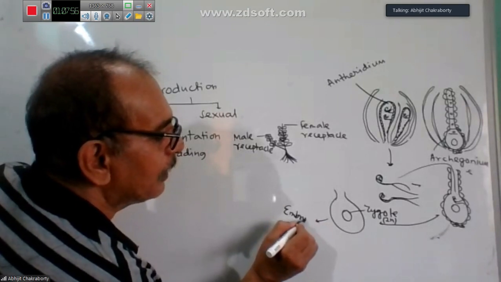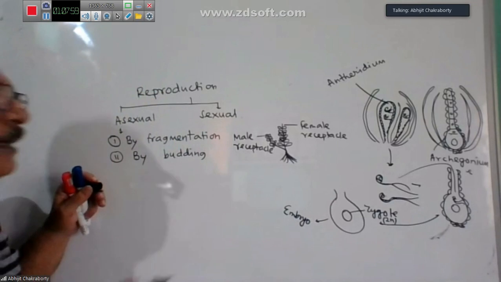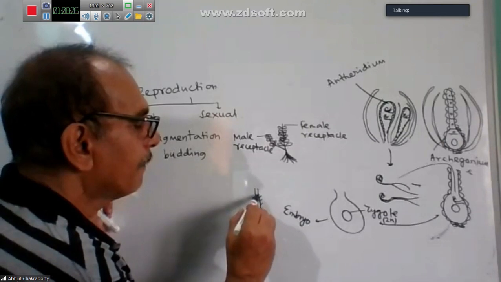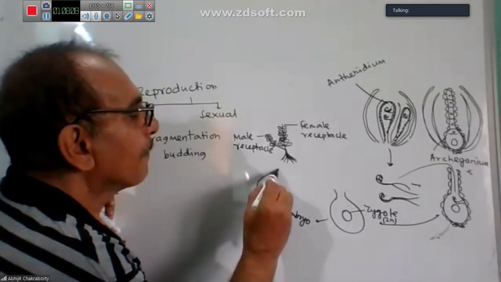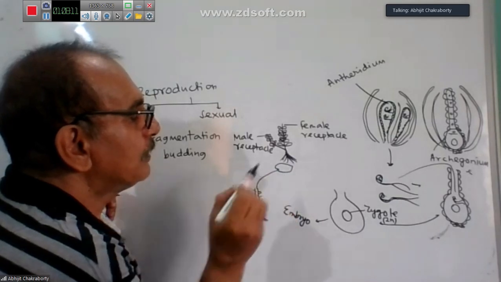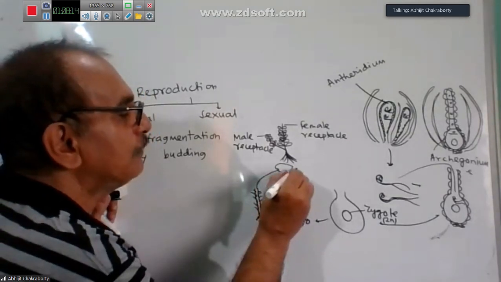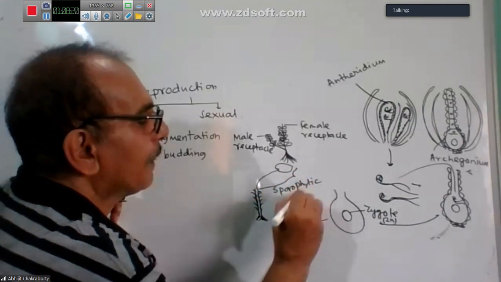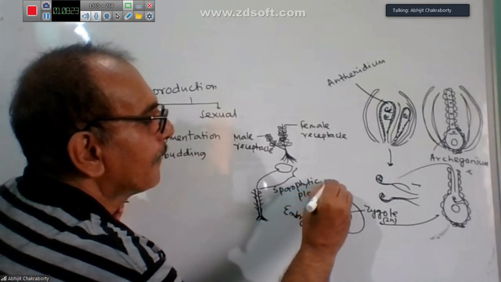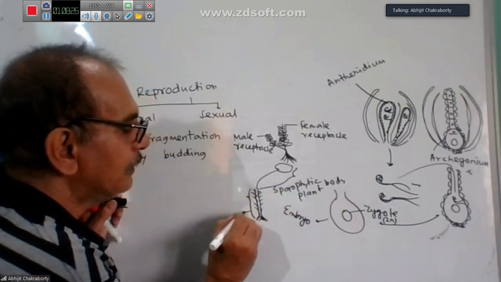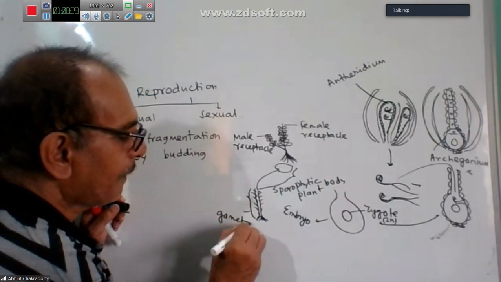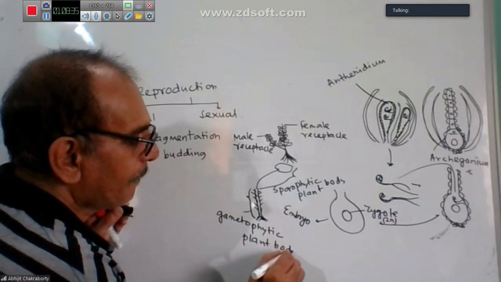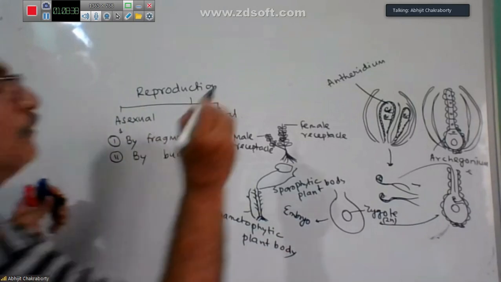gives rise to embryo. Now in the gametophytic plant body, capsule is developed. That is the sporophytic plant body. This part is sporophyte plant body, and this part is the gametophytic plant body.